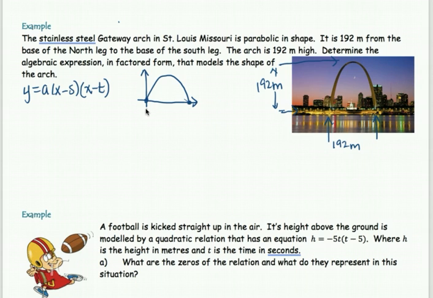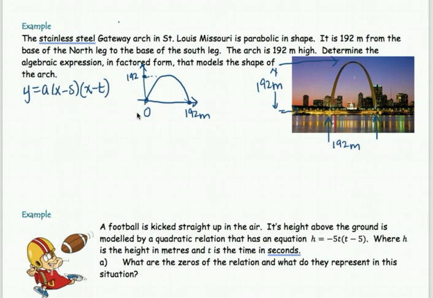So you can think of this as 0, and that's 192 meters. And what else do you know? You know that the height is 192. So if we were looking at the y-axis, right there, that's 192 meters. Now you have it on a grid, which you're used to.